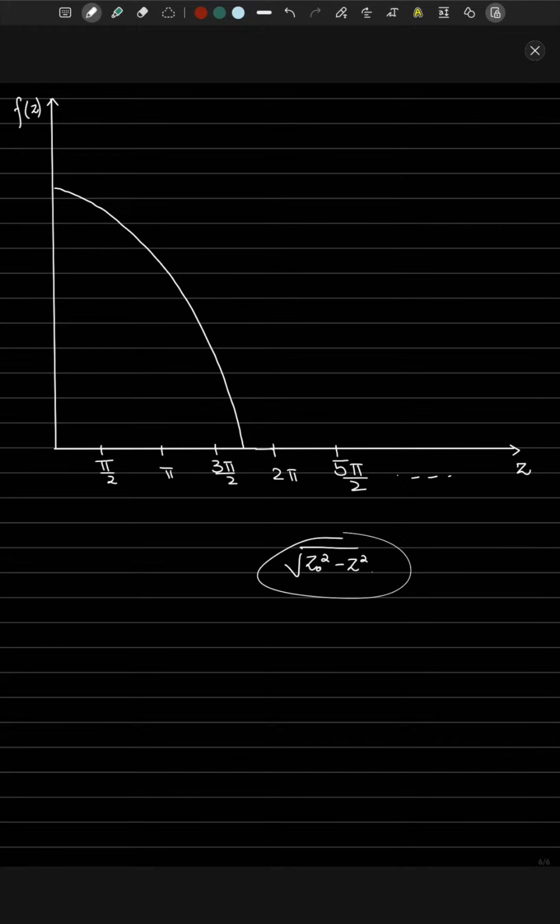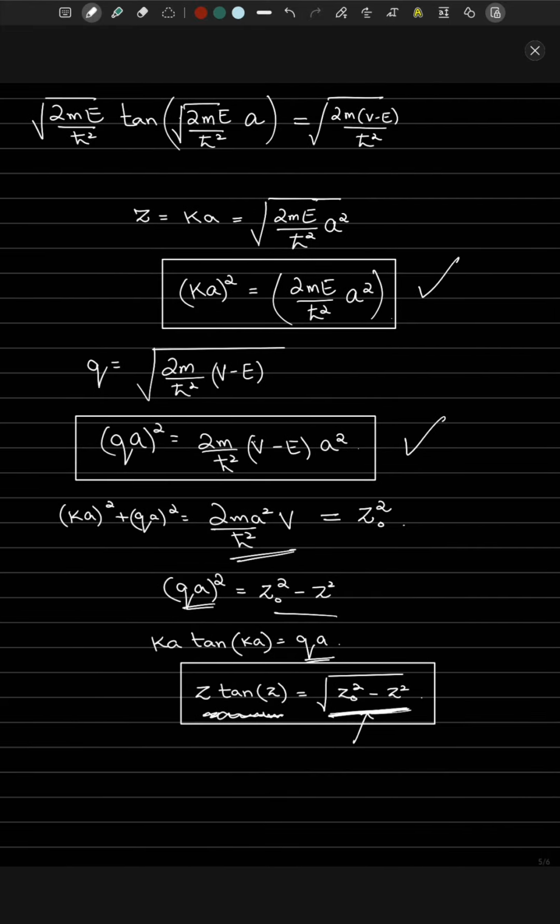And then we have our functions, that would be this tan of z. I'm going to simply first draw the functions for tan of z.